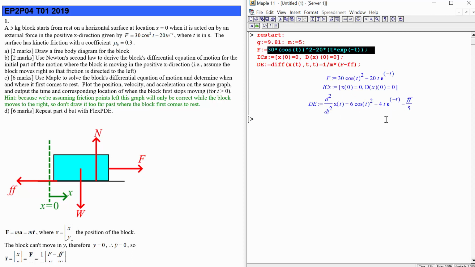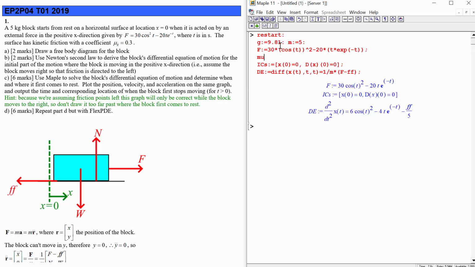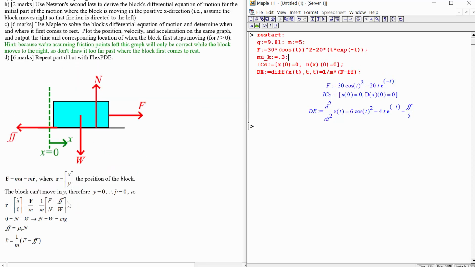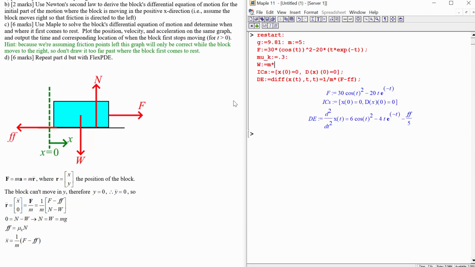We're likely going to be able to solve it without too much difficulty if we're doing things numerically anyway. And we've got a coefficient of friction, mu k is 0.3. Then we can type in the things that we figured out down here. So W is equal to m times g. N is equal to W. FF is mu k times N. And I think that is it.